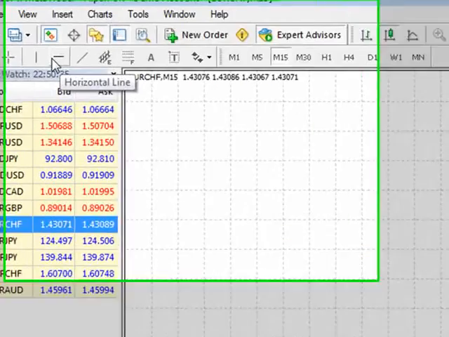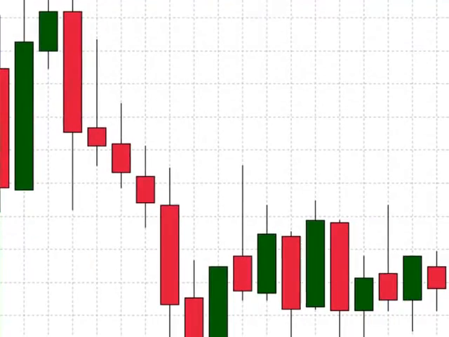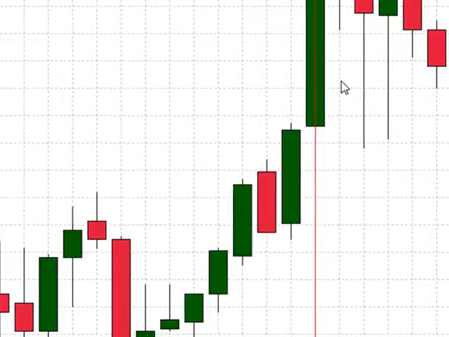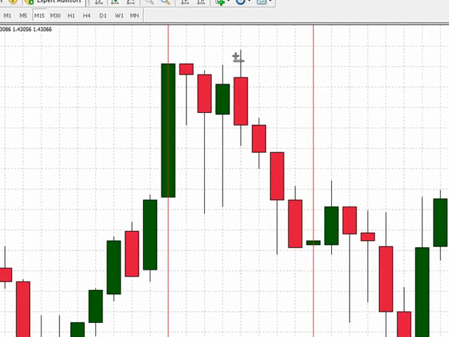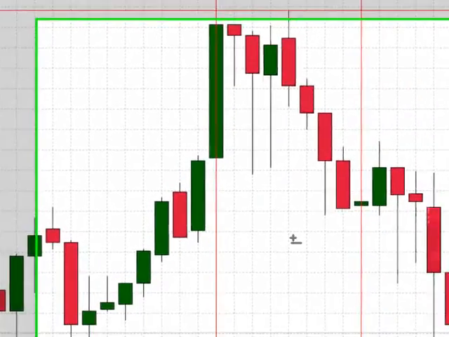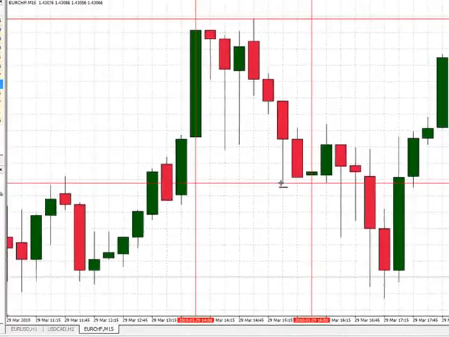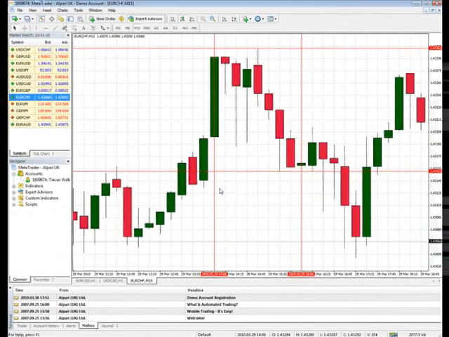And then we need to draw some horizontal lines. To do that, we click the horizontal line button right up top here. And then we take it over here and we just center the crosshair of this cursor over top of the top price point in between those 2 time frames, which is this. And then we do it again, drawing a line at the bottom, and the low price point in between these 2 lines was right here. So now we have 4 lines on our chart.